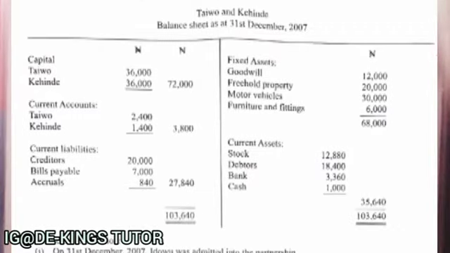We have current liabilities: creditors 20,000, bills payable 7,000, accruals 840, giving 27,840. And on the right hand side we have fixed assets: Goodwill 12,000, freehold property 20,000, motor vehicle 30,000, furniture and fitting 6,000, all summing up to 68,000. We have current assets: stock, debtors, bank, cash, all summing up to 35,640, and everything sums up to 103,640.